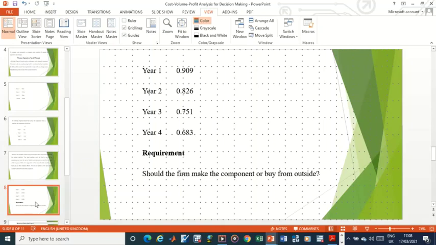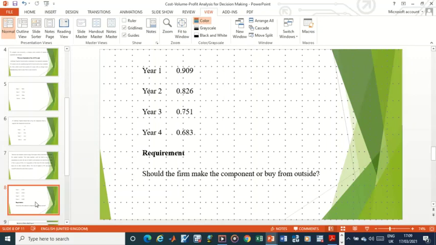So for the first year, we have 0.909. For the second year, we have 0.826. The third year, we have 0.751.